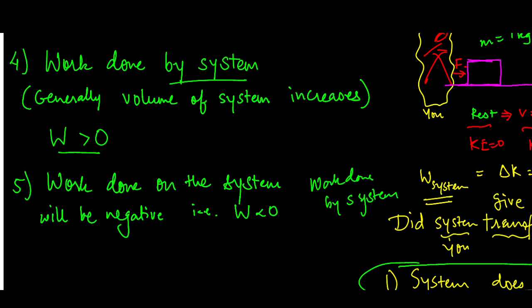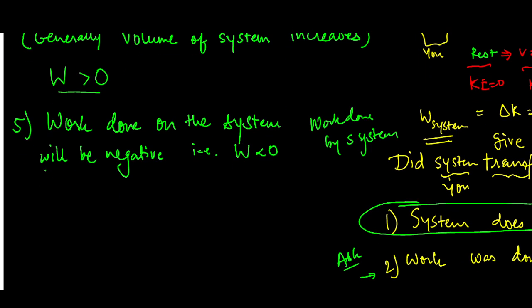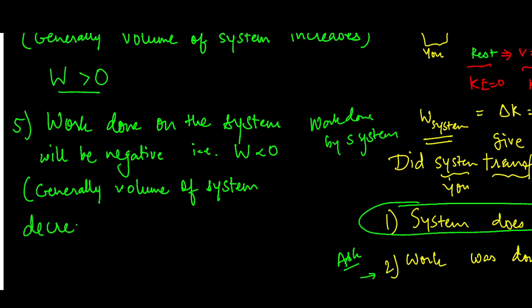It is like a vector: if it goes this way it is positive, if it goes the opposite way it is negative. That's okay, right? And in this case what will happen? Generally volume of system decreases. Generally volume of system decreases. This bracket is quite important.